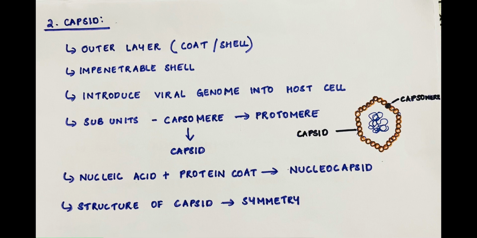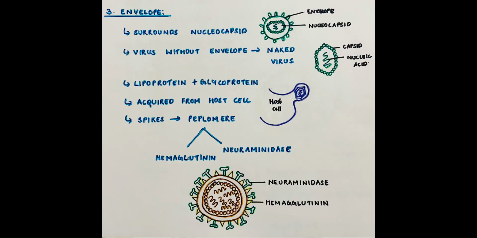The complete complex of nucleic acid and protein coat of a virus particle is called the virus nucleocapsid. The structure of the capsid gives the symmetry to the virus. A virus particle may have cubical, helical, binal or complex symmetry.